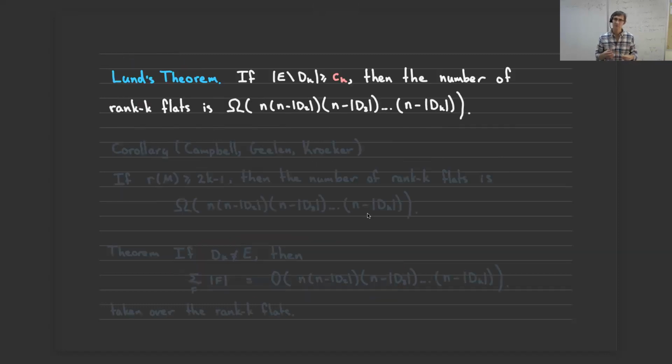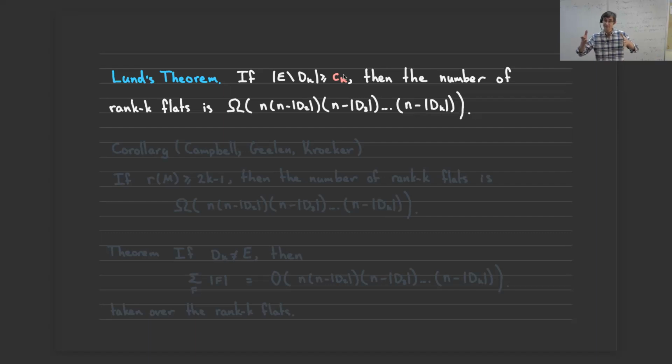And what Lund proved is that as long as your matroid is far away from being k-degenerate, meaning that if I take the largest k-degenerate set, there's a lot of elements outside that set, at least some fixed constant depending only on k.